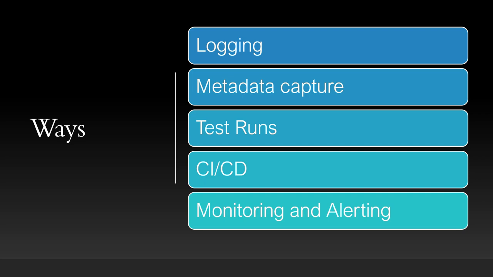We also speak about DevSecOps, which means integrating even the check for security. It can be penetration testing or different kinds of testing, and we can embed all of that into our CI/CD pipeline. And last but not the least is monitoring and alerting.